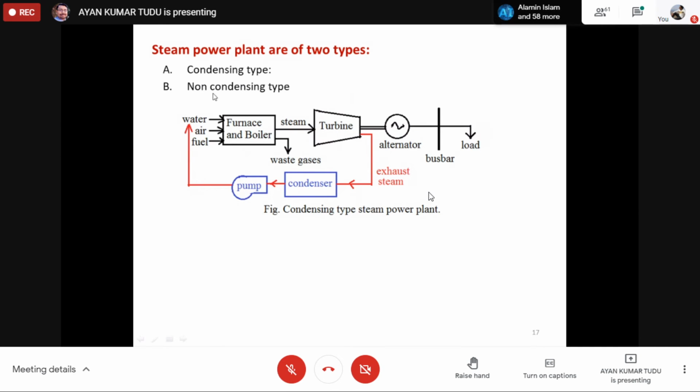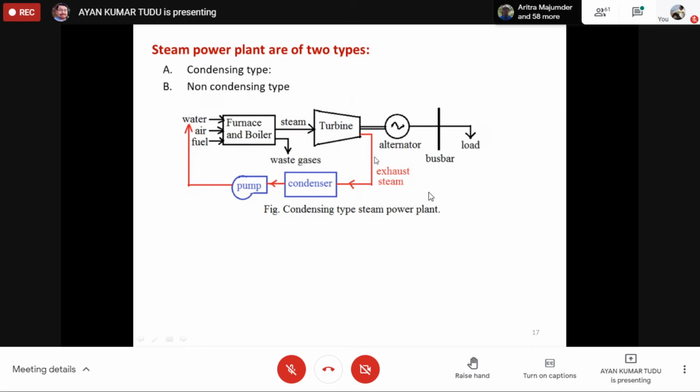Next we have our non-condensing type. In this type, the exhaust steam that comes out from the turbine is discharged at atmospheric pressure or at a pressure greater than atmospheric pressure.